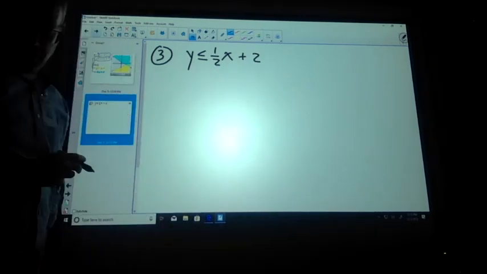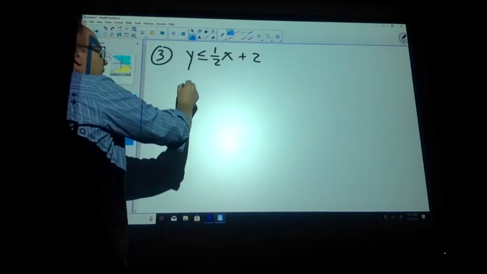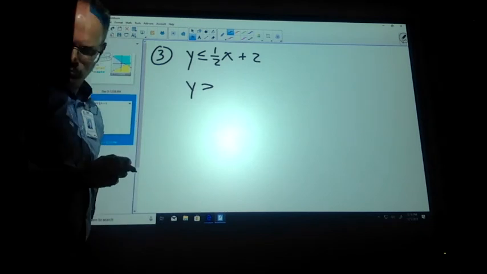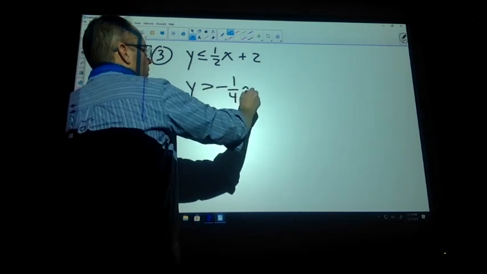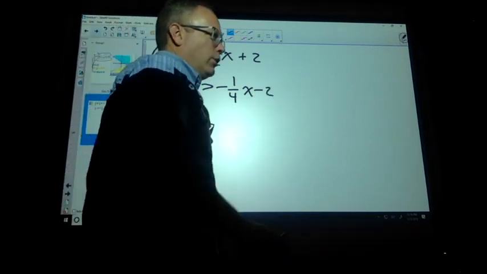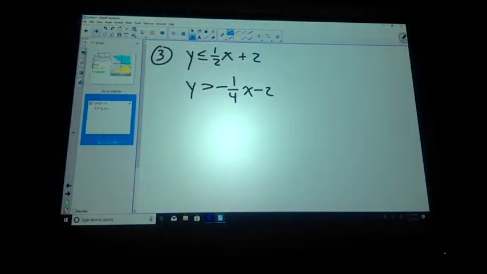And I also have y is greater than -1/4 x minus 2. Those are my 2 equations. Agree? We wrote them. So is one of them solid and one dotted? We all agree, one solid, one dotted.